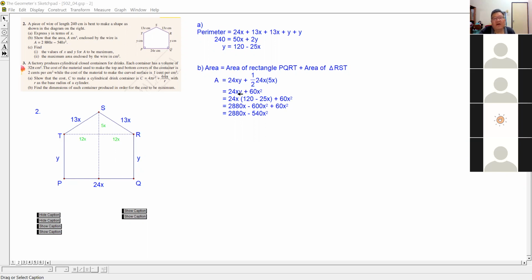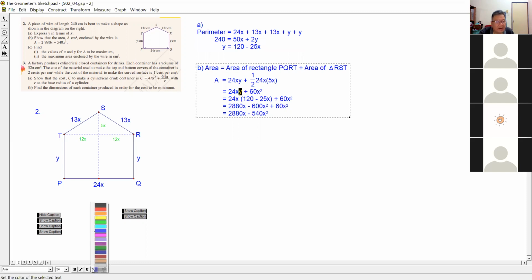Then we have here 24xy, but the question has no y. So you know you have to eliminate the y. How to eliminate the y? We see how to eliminate the y. So we know the y is 120 minus 25x.